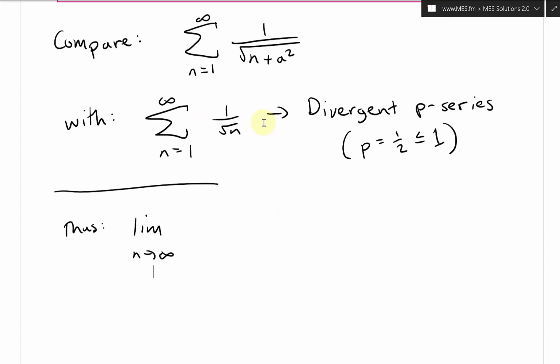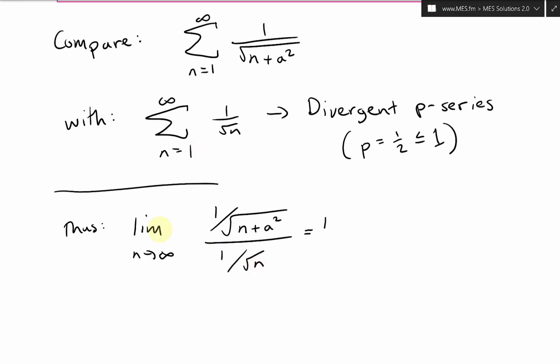And then an is 1 over square root n plus a squared, over 1 divided by square root n. And whenever you're dividing by a division, this just goes on top.